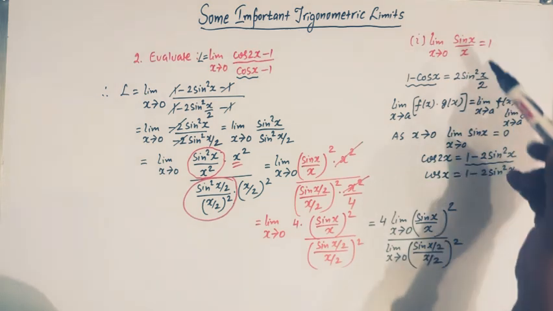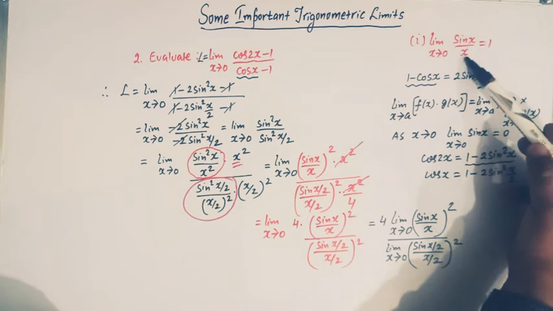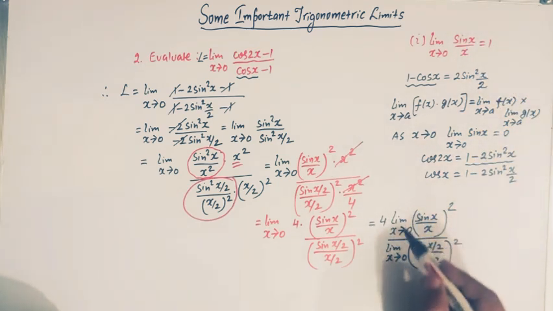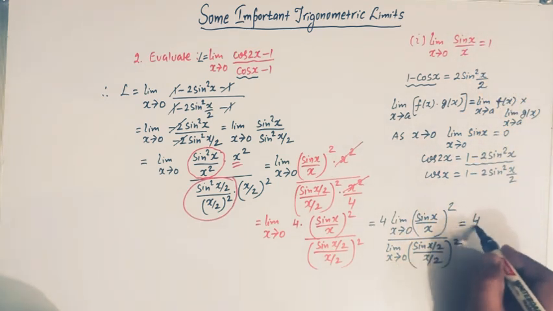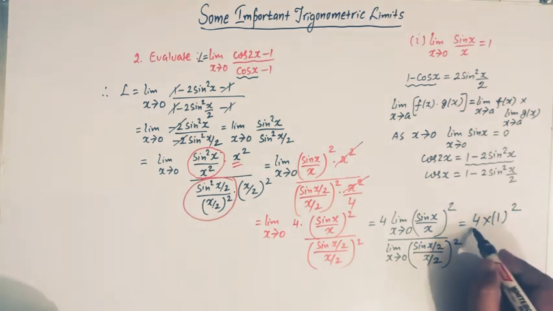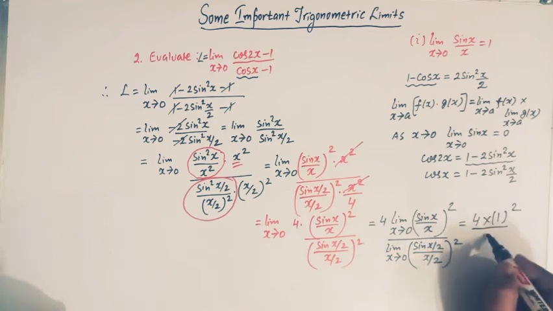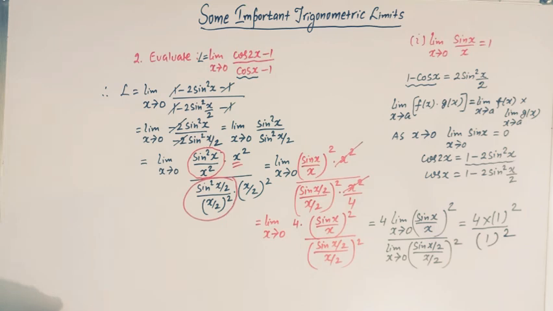So now see, here we have limit x tends to 0, sine x over x is 1, so this limit becomes 4 times 1 square, right? And divided by this limit also becomes 1, so this is 1 square, clear?